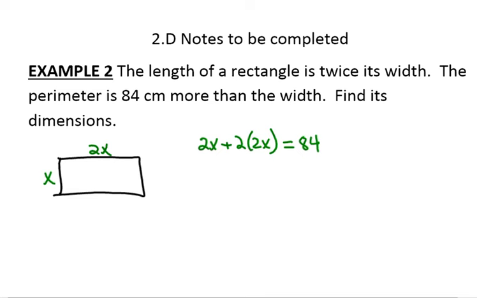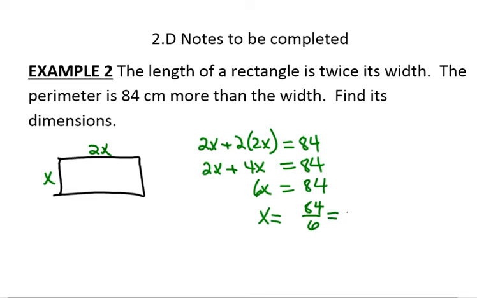You could have also added x plus 2x plus x plus 2x. So simplifying it, I get 6x is equal to 84, and then x is equal to 84 divided by 6, which is going to be... 6 goes into 84 14 times.